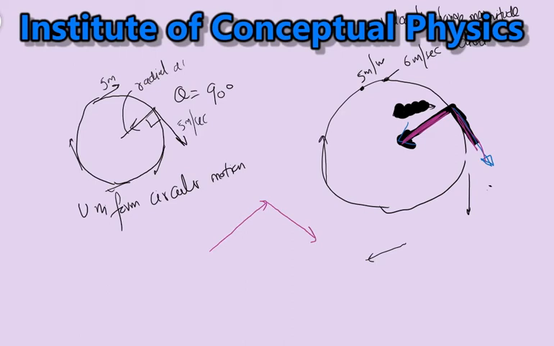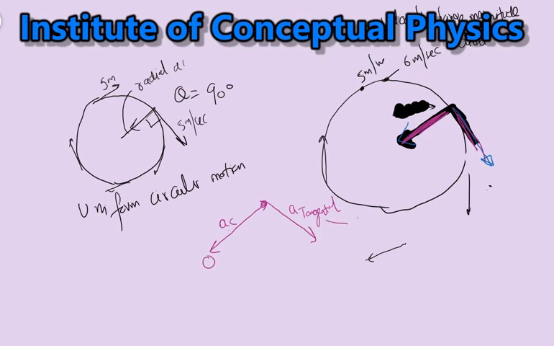And because of this centripetal acceleration, which is this, you can show this as a centripetal and a tangential. Okay, so the centripetal is towards the center of the circle and the tangential is because of the change in magnitude of velocity.